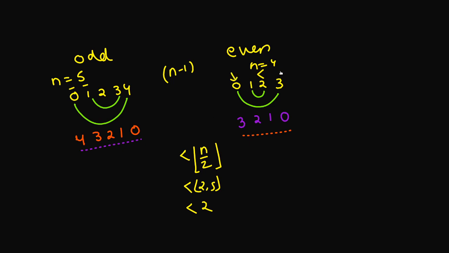First character from the start, first character from the end: 0 plus 3 is 3, which is n minus 1. 1 plus 2 is again 3, which is again n minus 1.